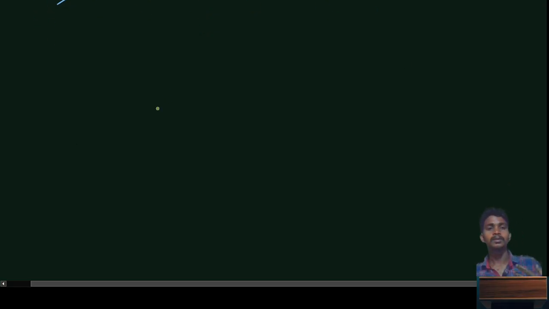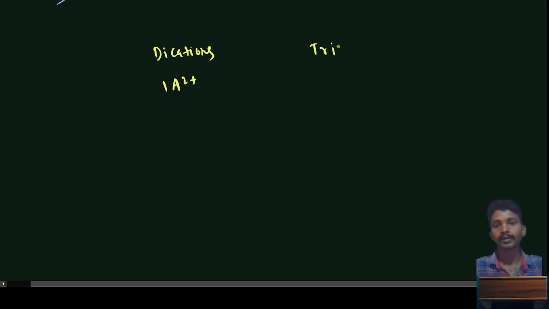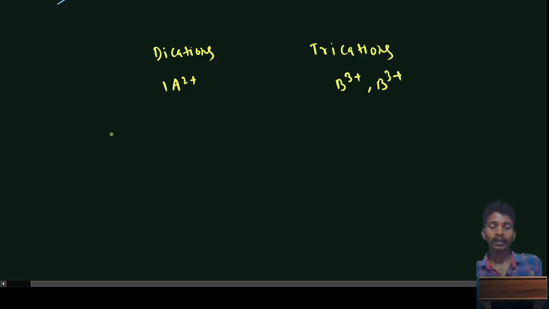Now, how does the CFSE help to determine which will go where, and whether it is a normal spinel or an inverse spinel? So we said that the dications are A2+, one of them, and the trications, we have 2 trications. Now which will go where depends upon the CFSE.